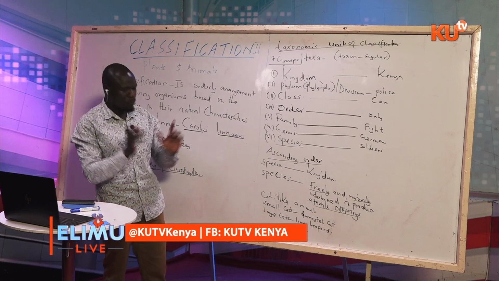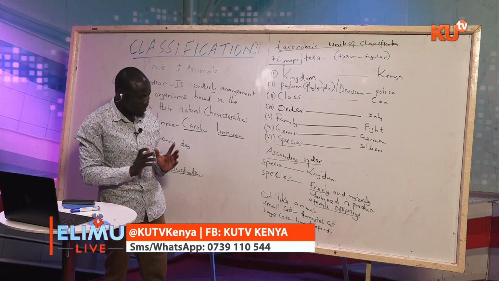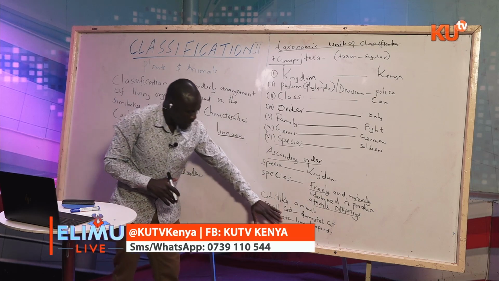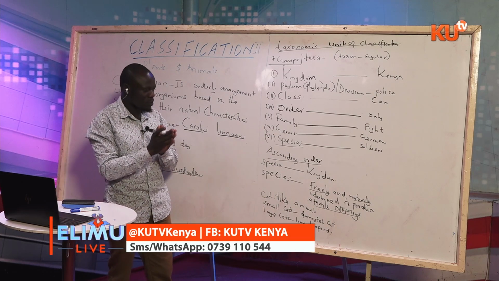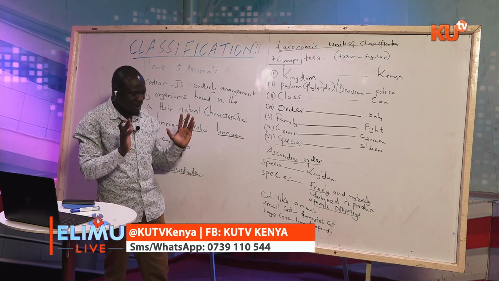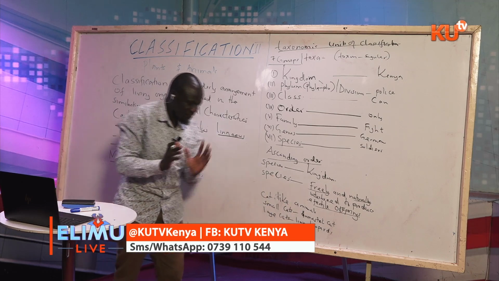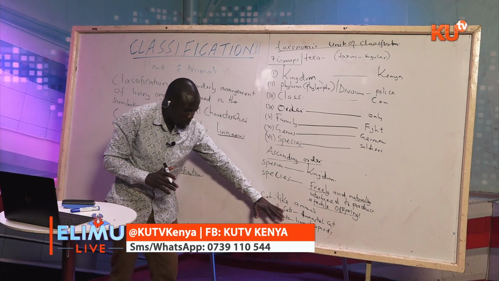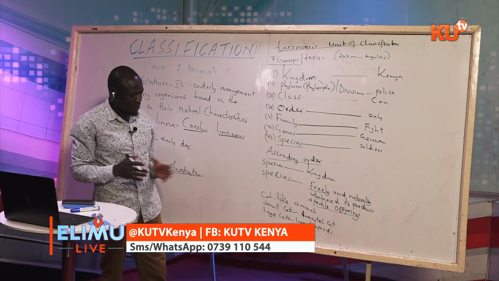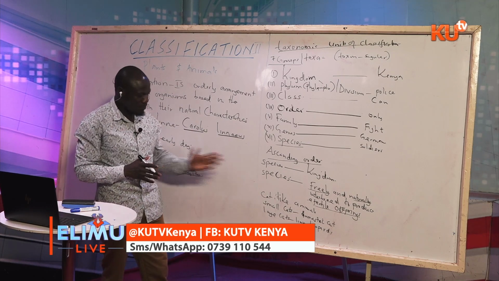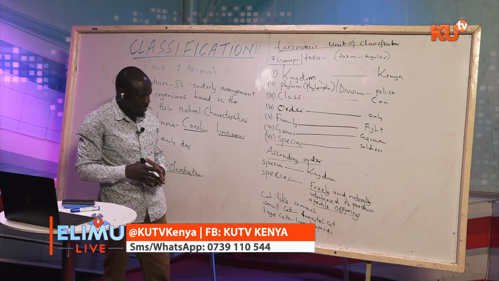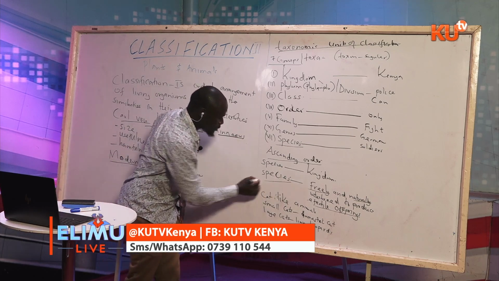If they are not able to produce a fertile offspring, we are going to say these organisms do not belong to the same species. They might have very similar structural and physiological features, but if they are not able to produce a fertile offspring, we are not going to say that all of them belong to the same species.